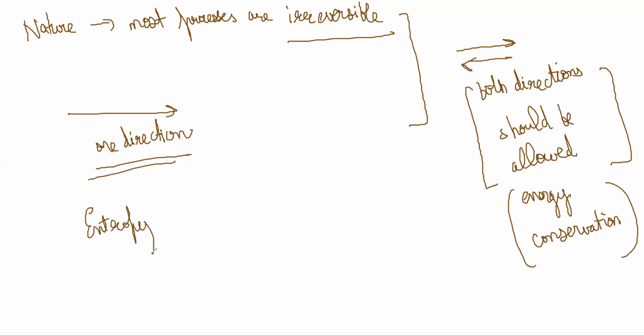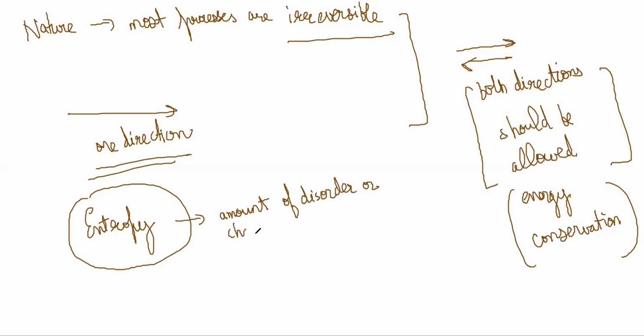So we did not know about entropy before, and then people thought about this, why is only one direction happening? People had to come up with a new concept of entropy, which reflects the amount of disorder or chaos in the system.